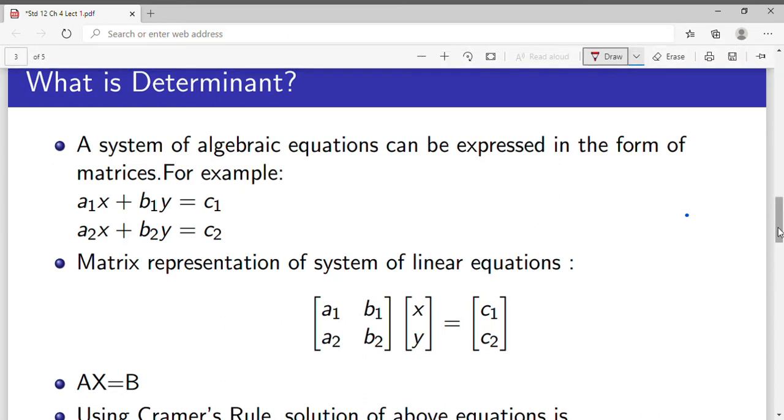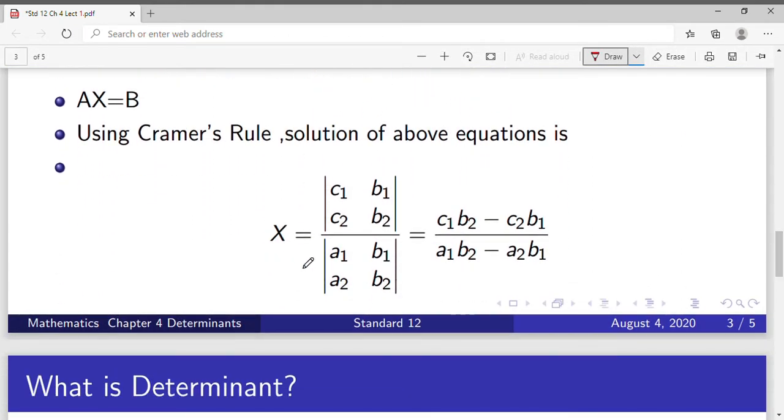According to Cramer's rule, x equals the determinant with the first column replaced by the constants c1 c2, the coefficient of y as it is, divided by the determinant of the coefficients of x and y. If we solve this, we get c1 b2 minus c2 b1 upon a1 b2 minus a2 b1. So here we get the value of x.